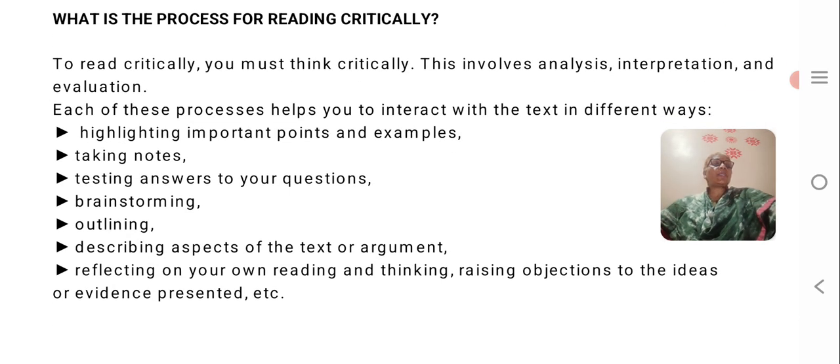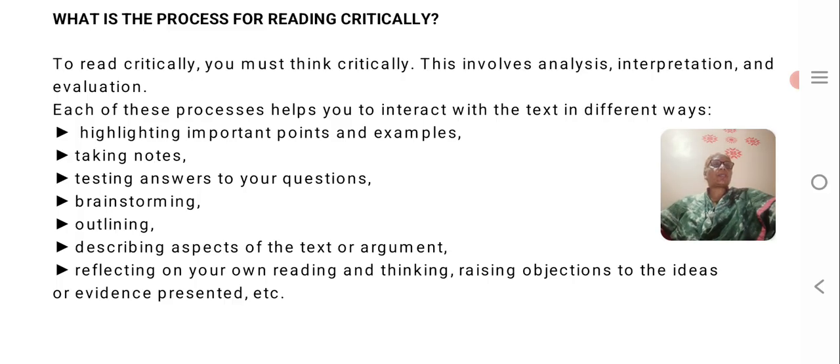The process of reading critically has a process. The first thing that is involved in this process is to think critically. Thinking critically means analysis, interpretation, and evaluation. All this process helps you to interact with the text in different ways.